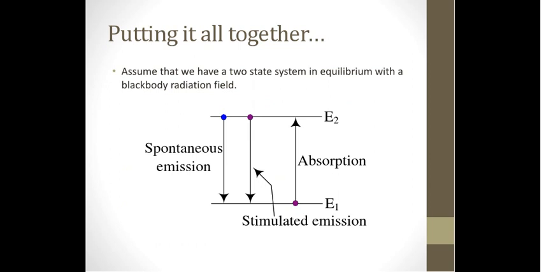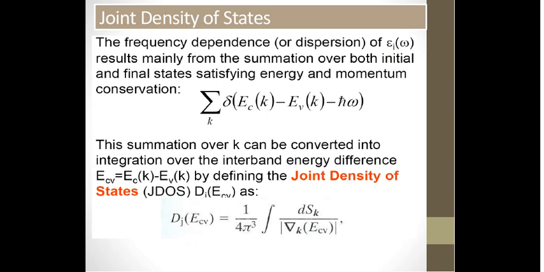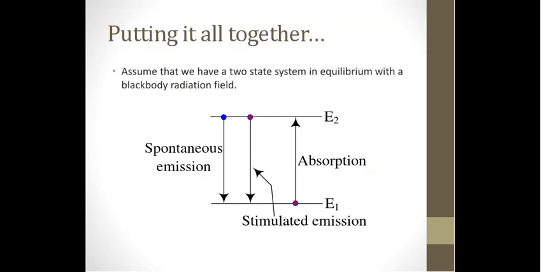So first absorption takes place, then spontaneous emission, and again stimulated emission also takes place there. So that's all about this. I can provide the notes corresponding to this. This is a big question, so you can go through that.